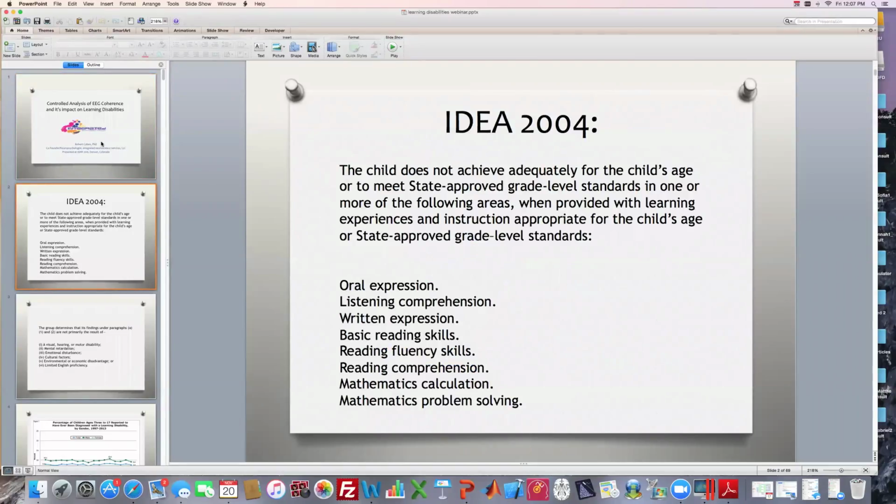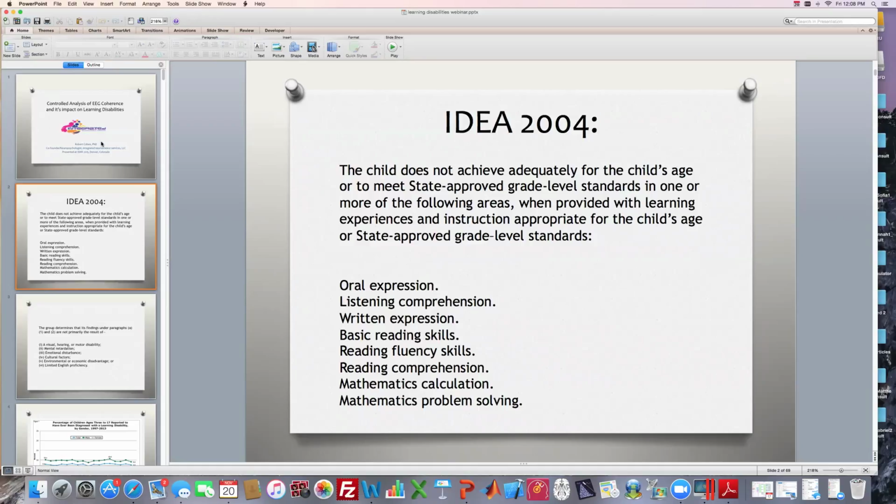So as of 2004, at least in the United States, the diagnosis and classification of learning disability was based on the following criteria, and that stipulates that a child does not achieve adequately for their age, or does not meet state-approved grade level standards in one or more of the following areas. Prior to this time, it was very common to use what's called a discrepancy analysis, which as of 2004 became illegal.